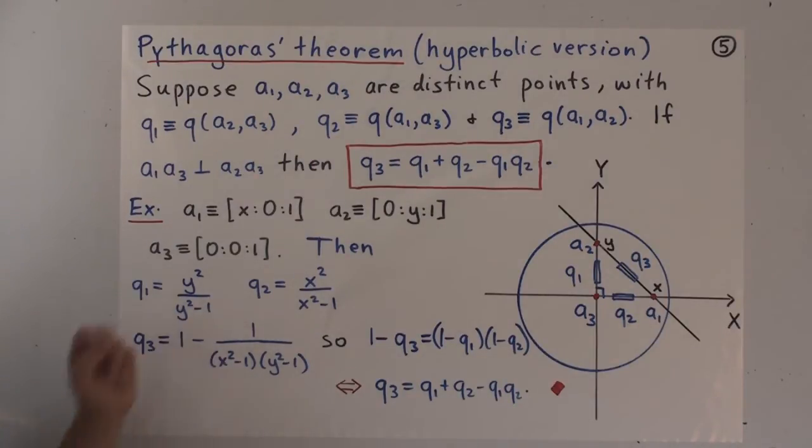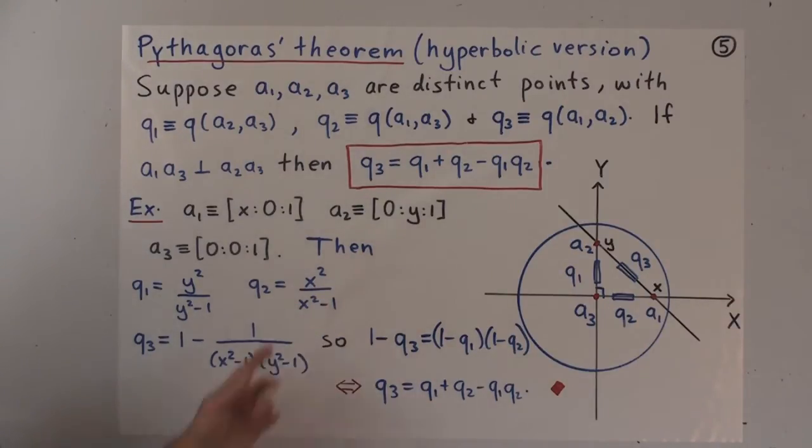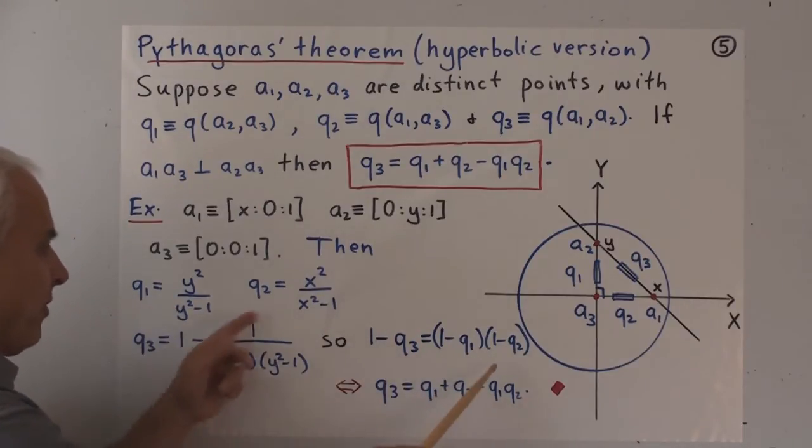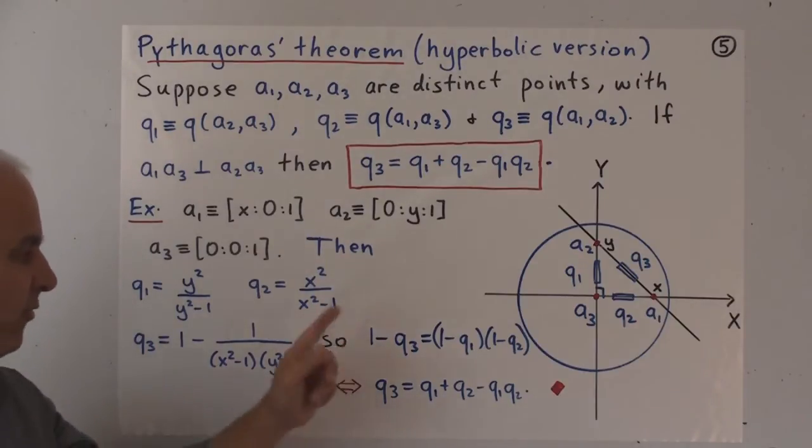So you put it over a common denominator, y squared minus 1 minus y squared. So it's minus 1 over y squared minus 1. And 1 minus this is minus 1 over x squared minus 1. So if you multiply 1 minus this with 1 minus this, you're going to get exactly 1 over x squared minus 1 times y squared minus 1. In other words, 1 minus Q3.